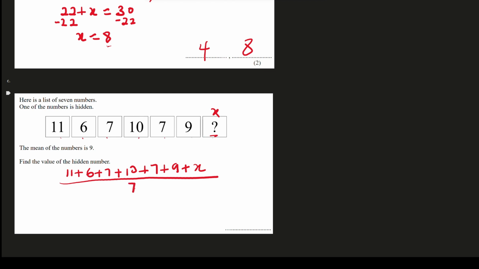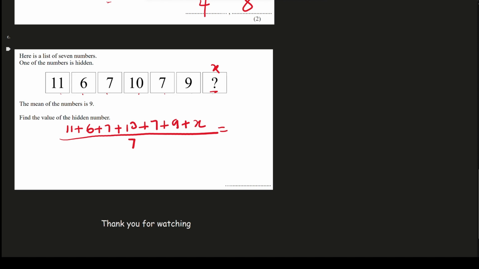So we have all over 7 equals. We are being told that when we solve this, working out the mean, our answer should be equal to 9. So we have been told the mean of the numbers is 9. Okay. Right. So what do we do?